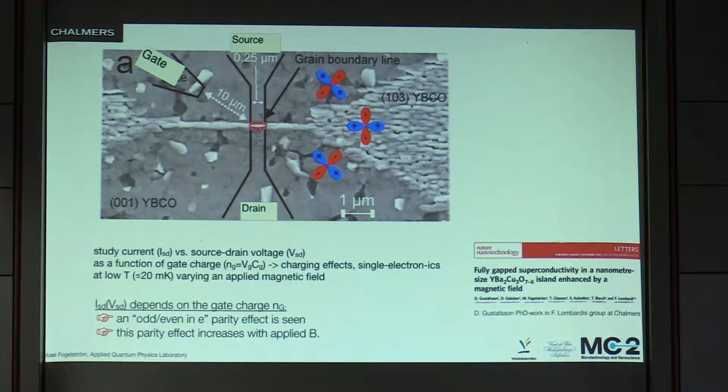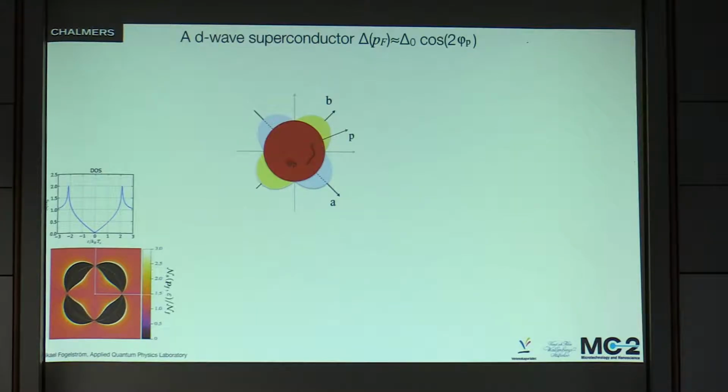Now, if you go to D-wave superconductors, which YBCO belongs to, there is a problem with having a parity effect, because if this red blob here should be the Fermi surface, then the gap has different magnitudes depending on where you are on the Fermi surface, and it also has different signs, shown by the yellow and blue here.